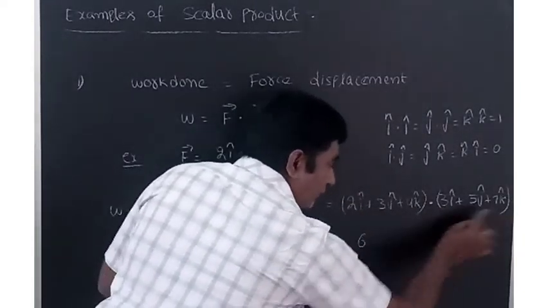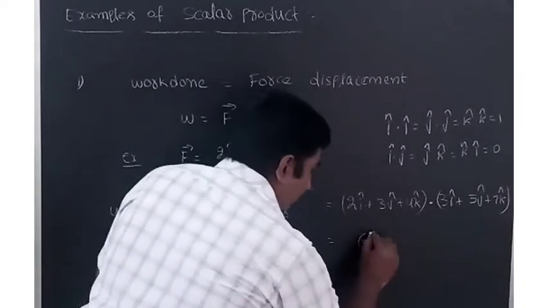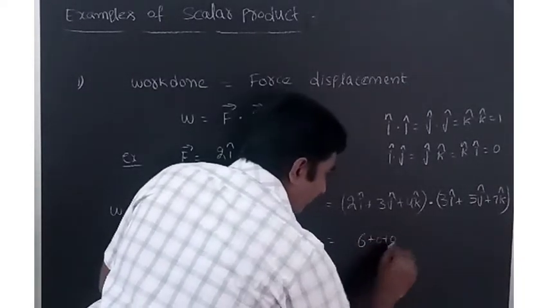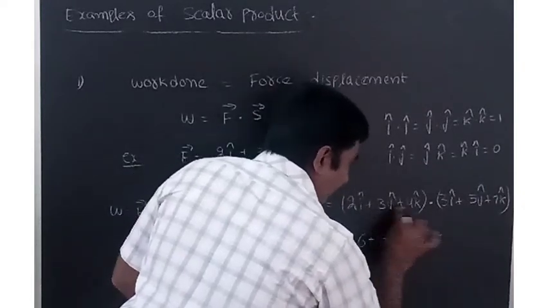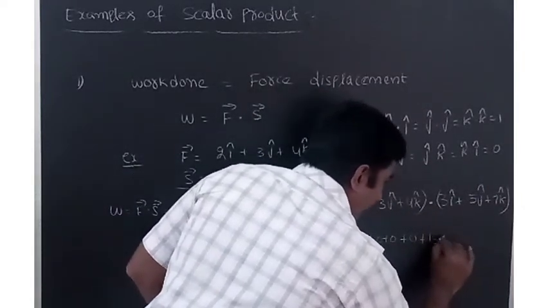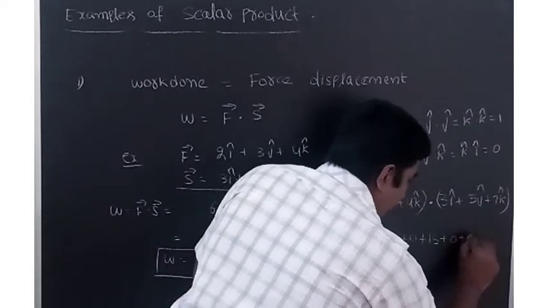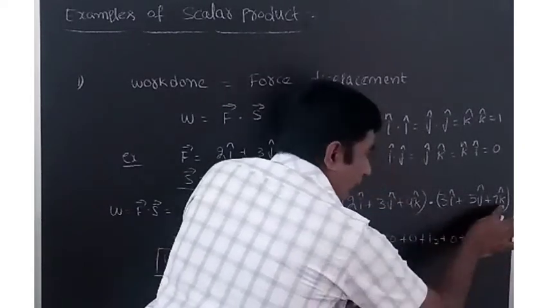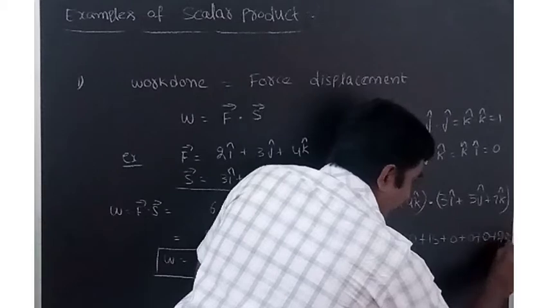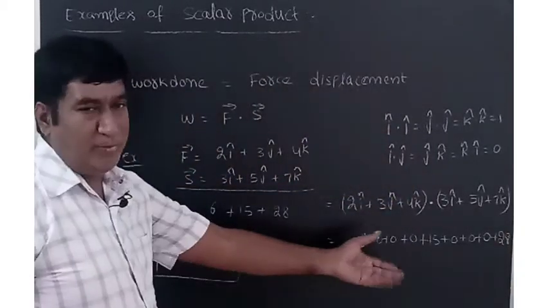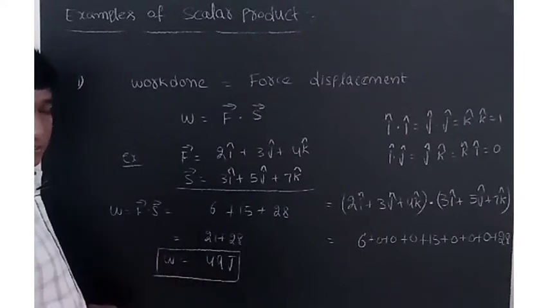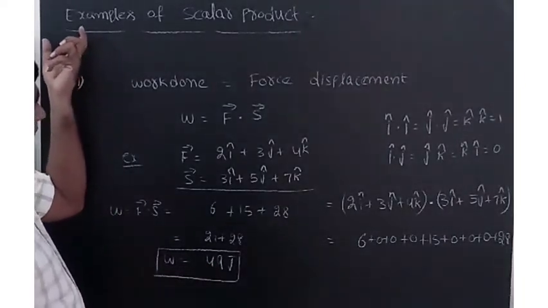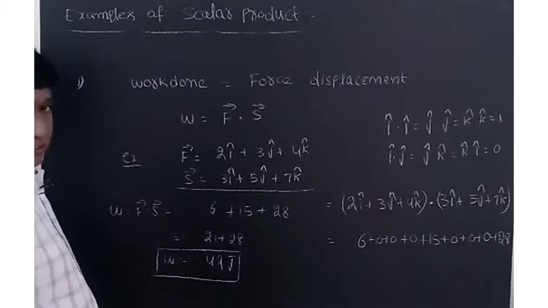In all the remaining cases it will be 0, so plus 0 plus 0. Next, j: this is 0 plus 3 into 5 is 15, so 15 plus 0 plus 0, plus 0 k, plus 28. This is somewhat a little bit complex, so simply we can use this and then add it. In this way we can give an example for scalar product.